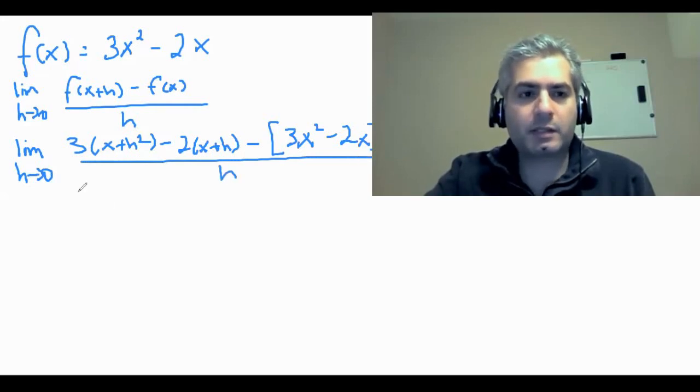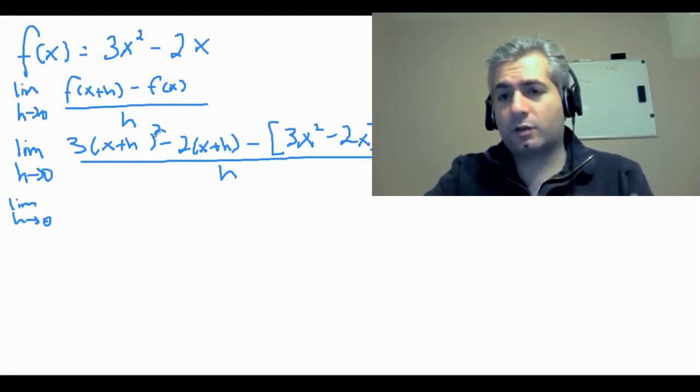Okay, so we're getting somewhere now. This is a squared, and I'm just going to have to erase something very quickly. This is just x plus h, and that's all of that squared. So the next step, limit as h approaches 0. I'm going to expand x plus h squared.